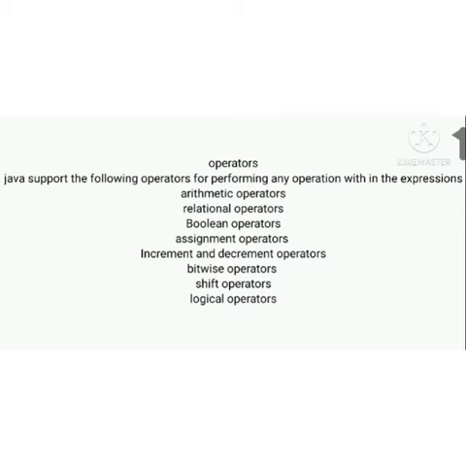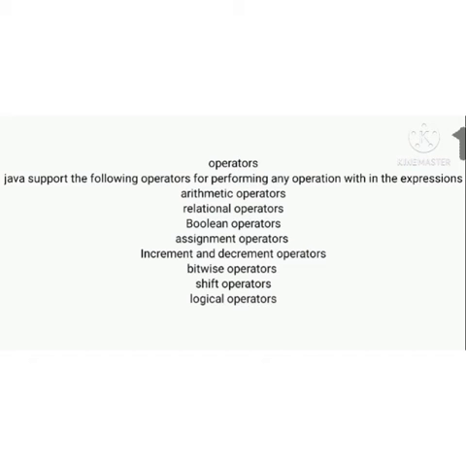First one is arithmetic. Here we use arithmetic operators such as addition, subtraction, multiplication, division and modulo. Next one is relational operator. Relational means we have greater than or equal to, greater than, less than or equal to, not equal to. Here we use these operations in relational operators.